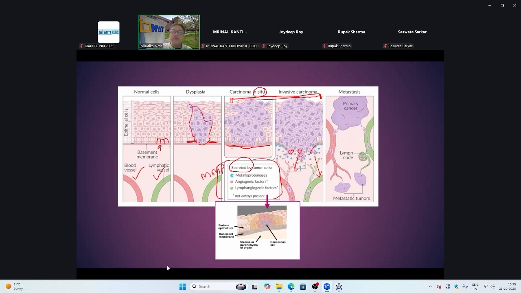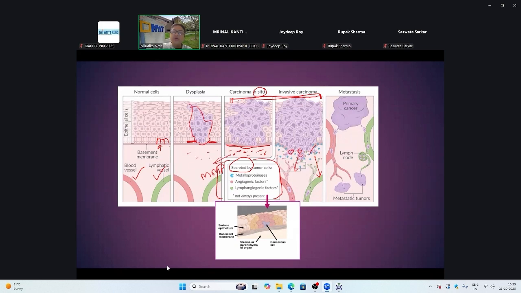These MMPs are typically here, but they're not really doing anything. So what these tumor cells are going to do is either activate the MMPs, or forcefully make the MMPs, so there will be more MMPs. And what they will do is break down this area.